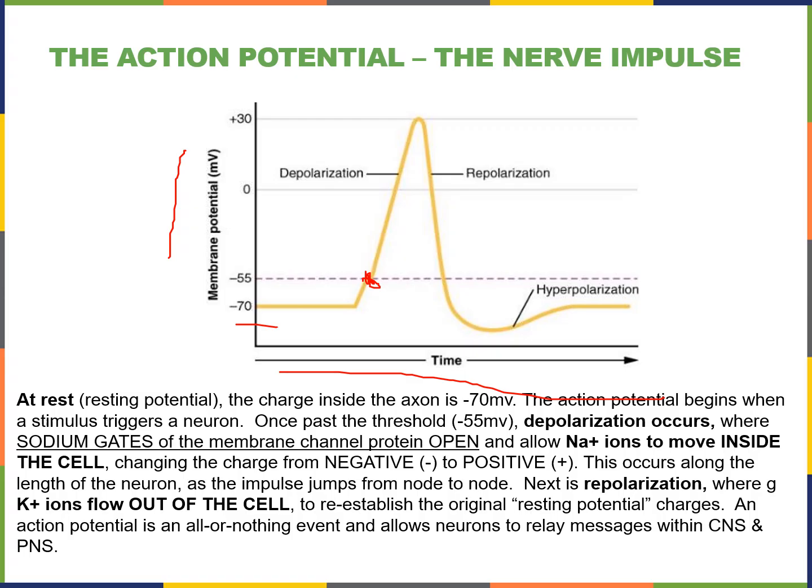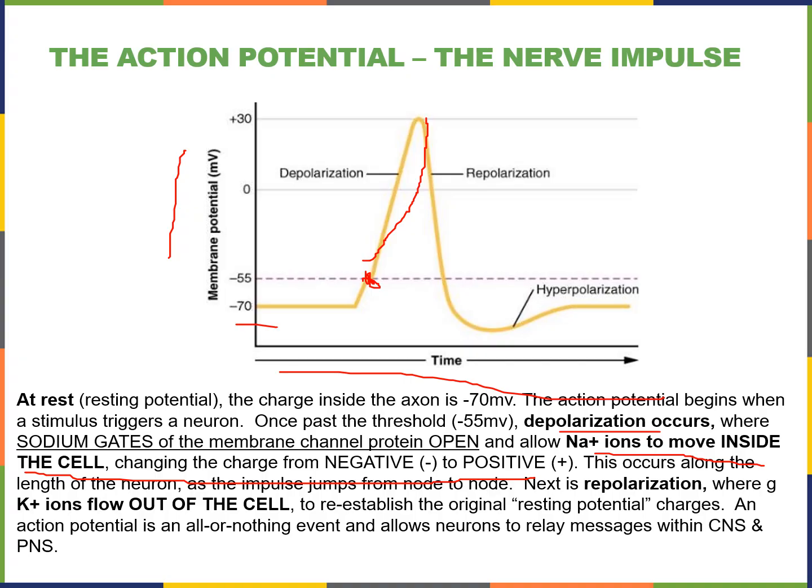Once past the threshold, we get depolarization, where sodium gates open and sodium is allowed to move inside the cell, changing the charge from negative to positive. You can see that in terms of millivolts, it's increasing past 0 into the positive.